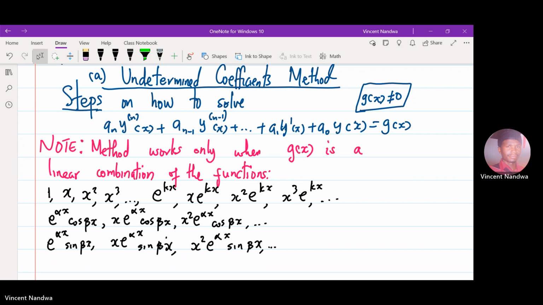If g of x doesn't have any of this structure given in this list, then we do not use the method of undetermined coefficients. So that should be clear from the start. You need to see a sine, a cosine, or either an exponential or a polynomial expression for g.